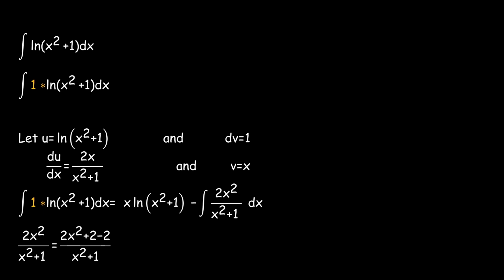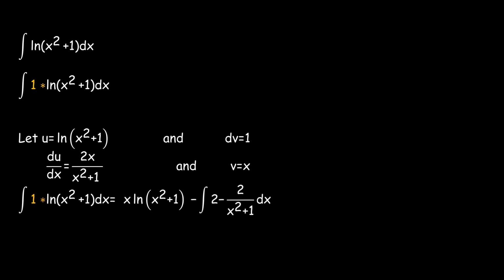When you factor out the 2, the x squared plus 1 will cancel out, and then we separate each integral. So this would be 2 minus 2 over x squared plus 1. Okay, now if we integrate this, we're going to have 2x minus 2 tan inverse of x, and our final answer will be x ln of x squared plus 1 minus 2x plus 2 tan inverse of x plus c.